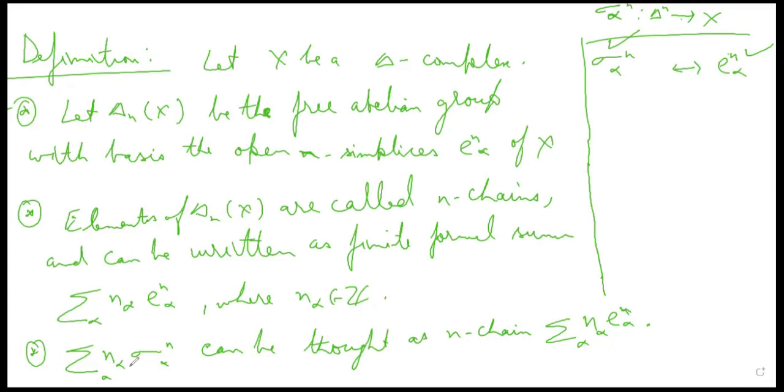You can say that these two are same, though they are not same actually. This is a chain consisting of maps. This is a chain consisting of some subsets of X. Both the things are different, but you can identify them with each other.